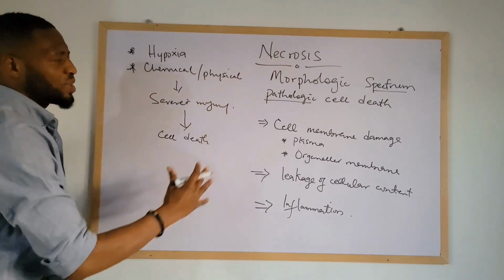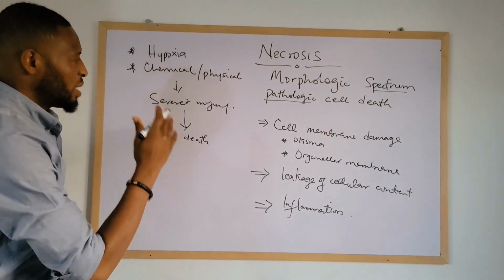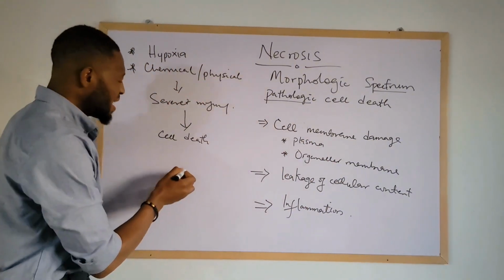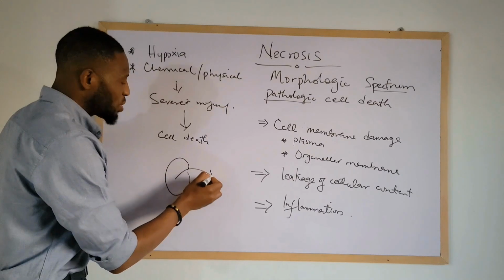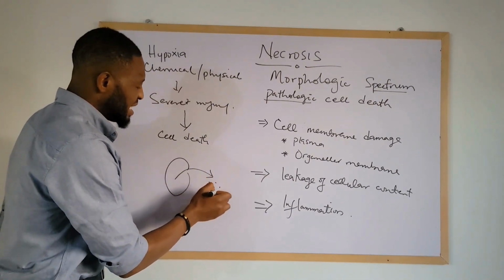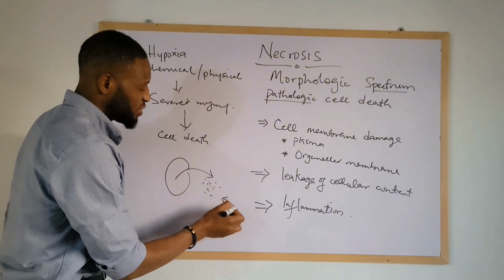Now, when necrosis happens, when cell membranes are damaged, contents of the cell leak out of the cell, and when these contents leak out of the cell, they elicit an inflammatory response.